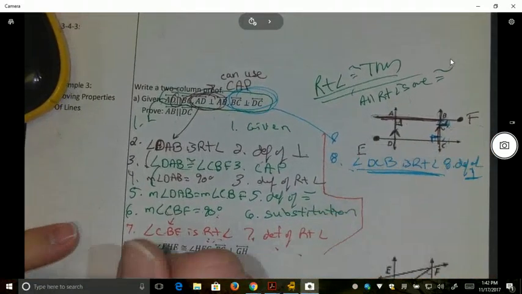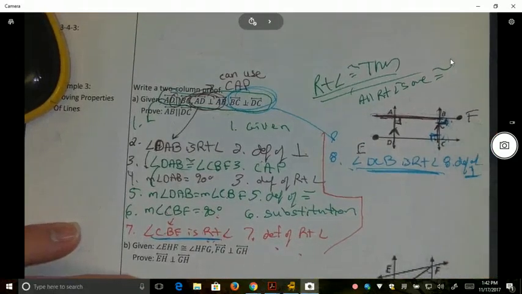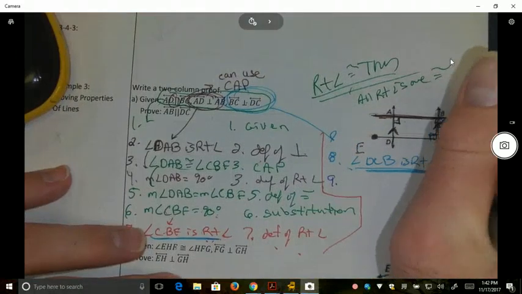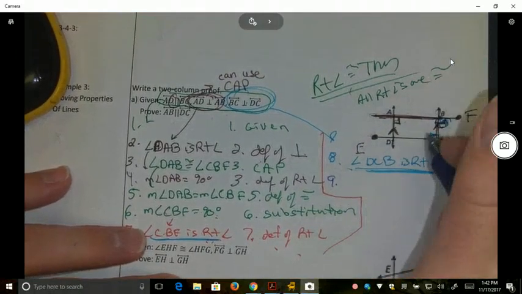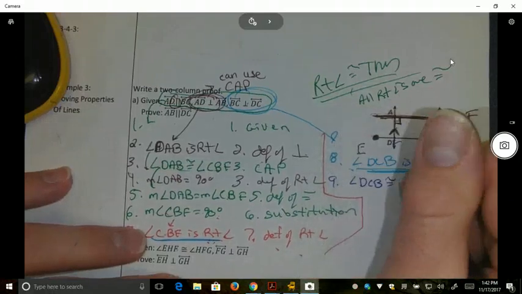Now, we have this as a right angle, and we just established that CBF is a right angle, which means that those angles are congruent. Angle CBF and DCB are congruent.